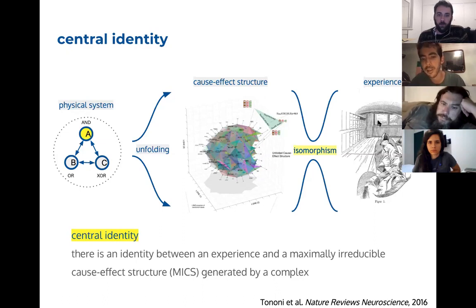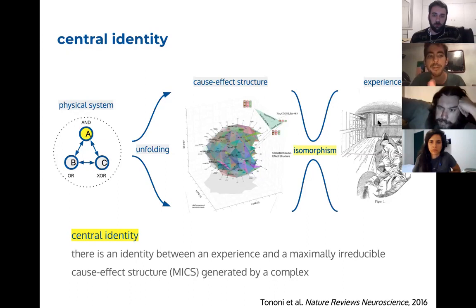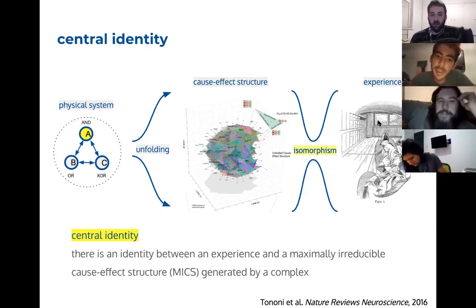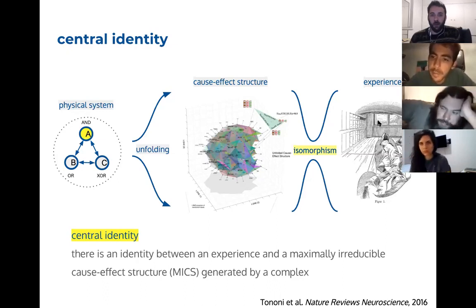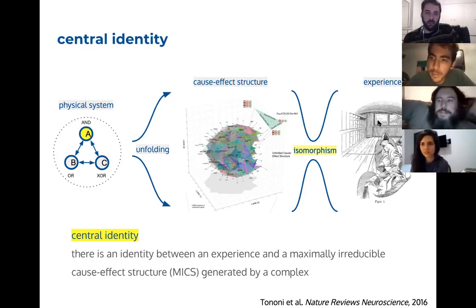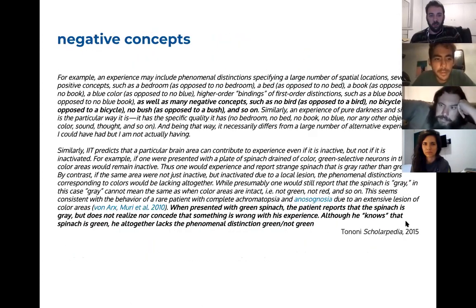You shouldn't find a gap: everything that appears in phenomenology, all its phenomenal distinctions and relations and the way things are bound, you should recover by unfolding the cause-effect structure of a system. For Badiou addicted people, the physical system is the actual ontological substrate, and the cause-effect structure is the transcendental on it.